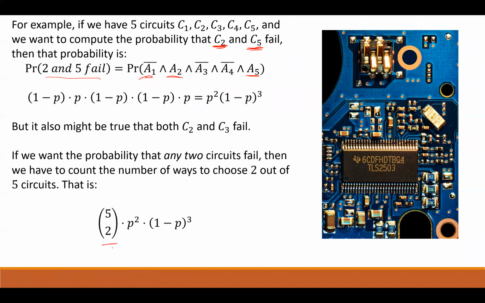And why am I multiplying? Well, if I step back a little bit and think about it, each of these corresponds to an outcome, right? Going back to my sample space and all of that stuff. Each of them corresponds to an outcome, and I have 5 choose 2 of these outcomes where exactly 2 circuits fail. So I'm just summing them up, right?